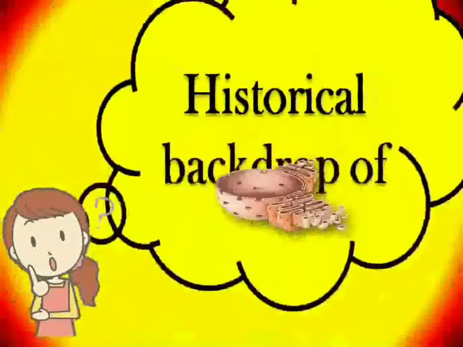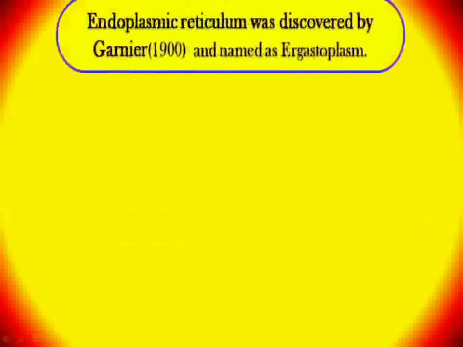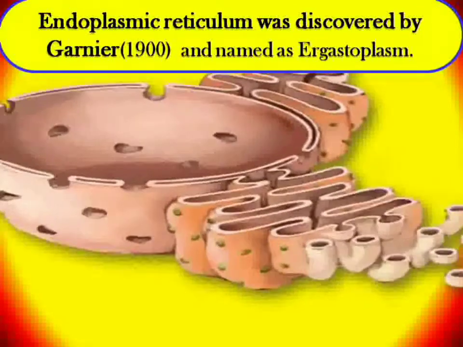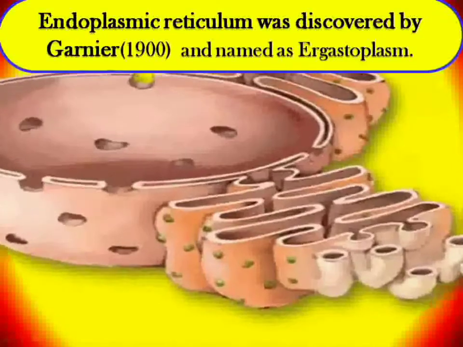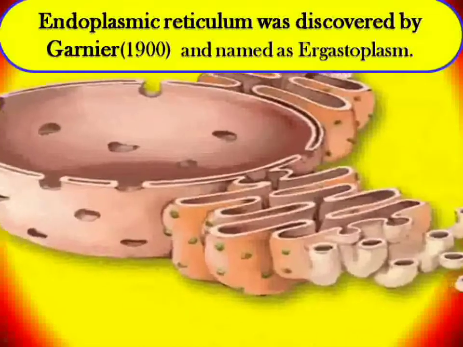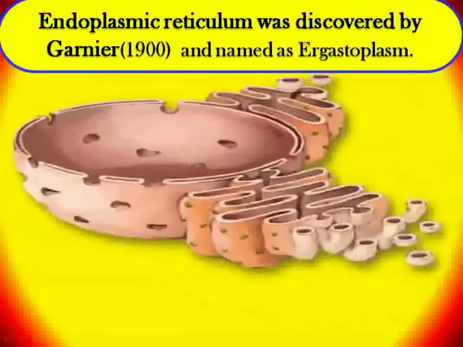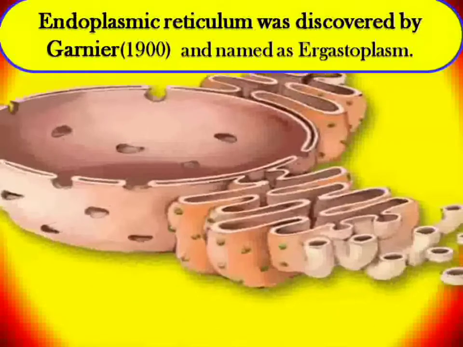Now we will discuss the historical backdrop of endoplasmic reticulum. In the year 1900, the scientist Garnier for the first time discovered or observed endoplasmic reticulum along with some other organelles, and he gave the name ergastoplasm to it.